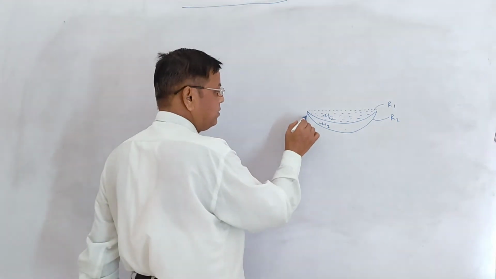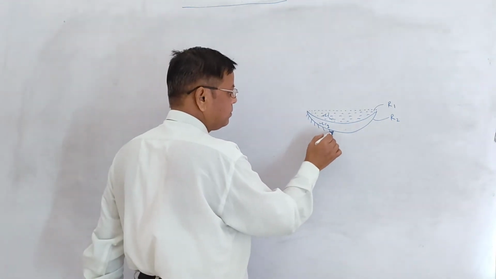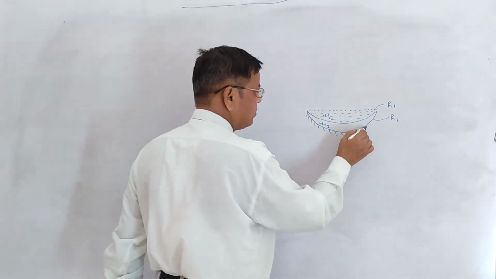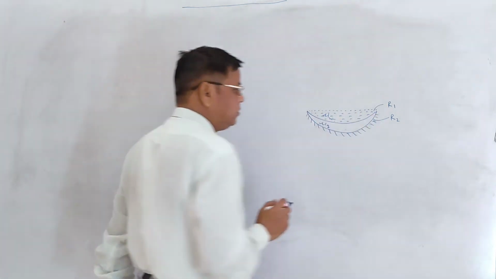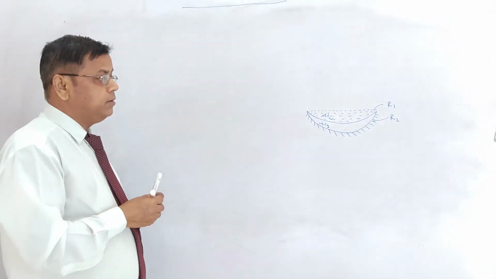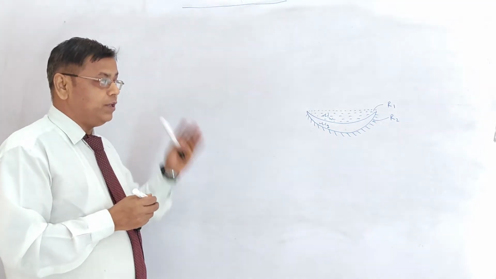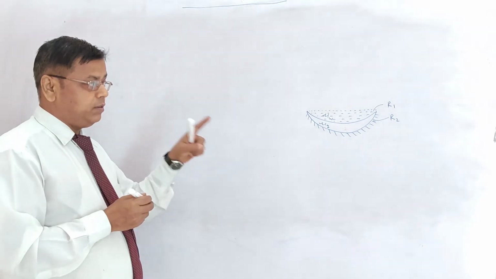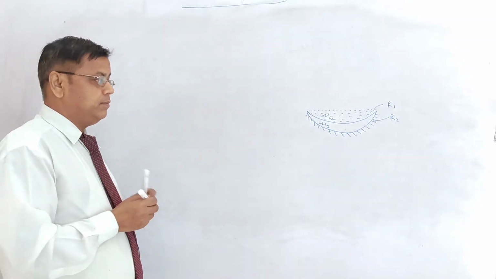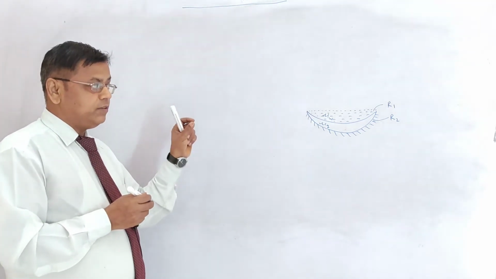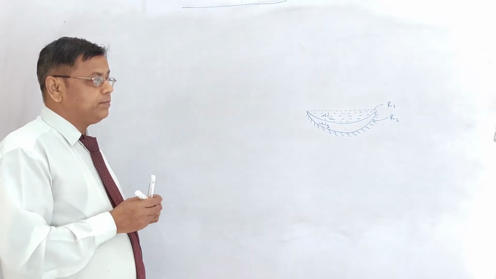Now if I silver this surface, so it is a silvered lens, and here there are two lenses. One lens is of water, the other lens is of glass, and these two lenses are kept in contact.